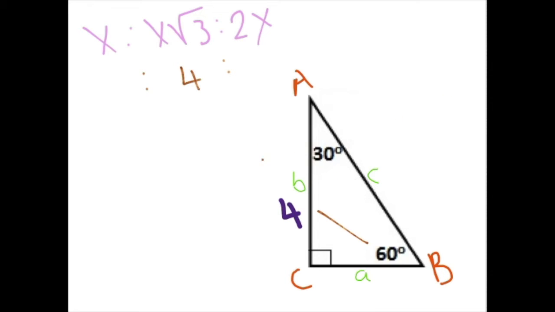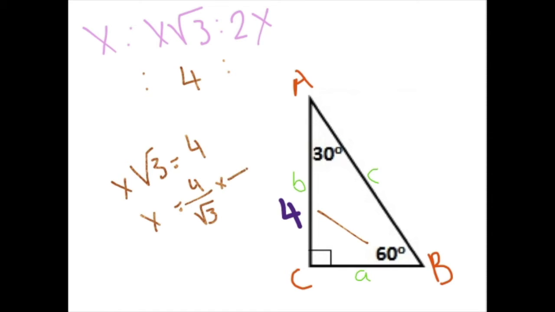Then what's the value of C and A? Well, let's find the value of x first, or the short leg. So if x square root of 3 equals 4, then x equals 4 over square root of 3, right? And to rationalize this fraction, we multiply both the denominator and the numerator by square root of 3.